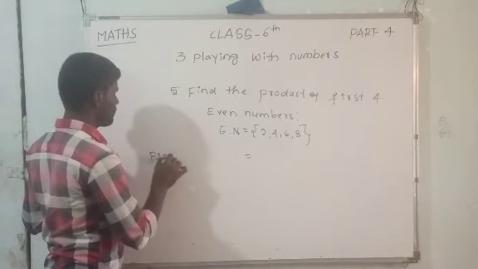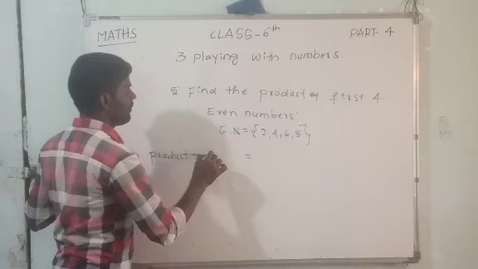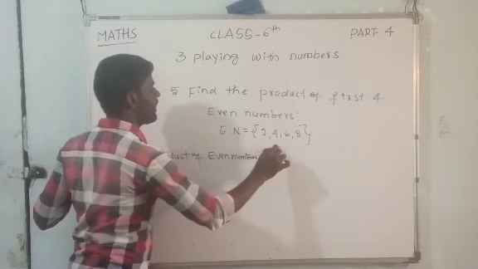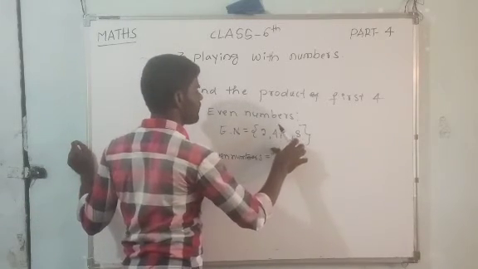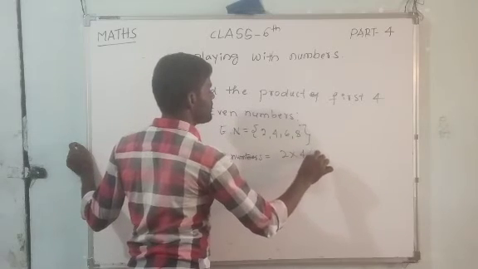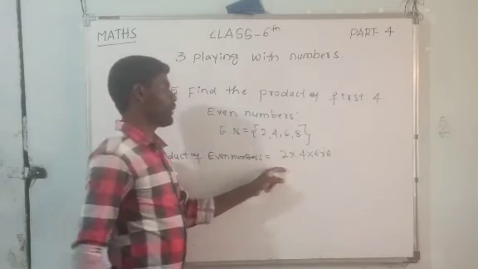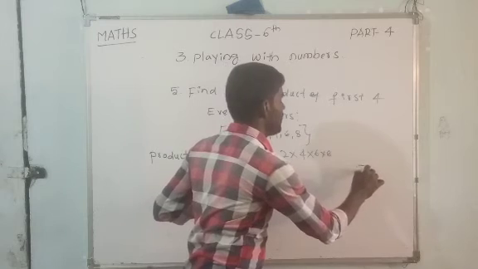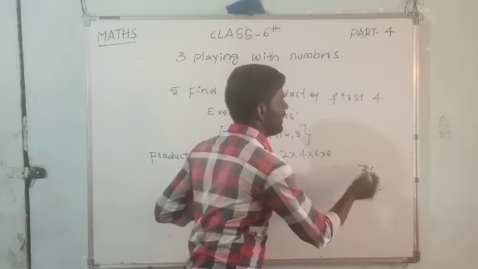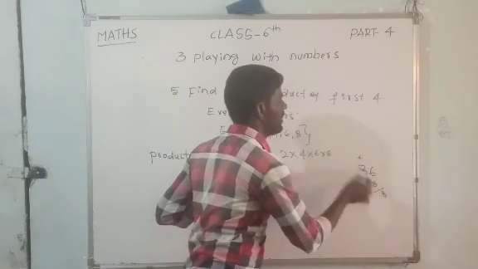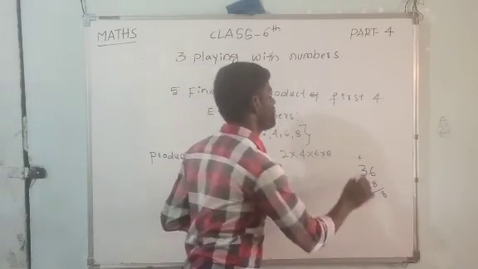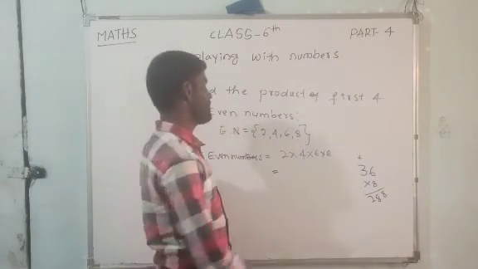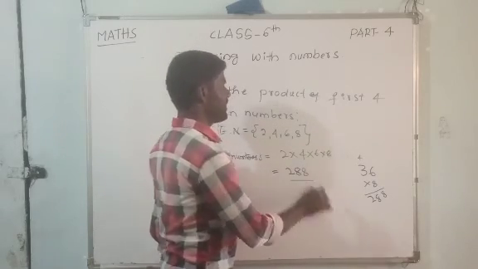Product of even numbers equals 2 into 4 into 6 into 8. 2 fours are 8, 8 sixes are 48, 4 as carry for the next number. 8 eights are 64, 6 carry 4. 48 plus... the product of first 4 even numbers is 384.